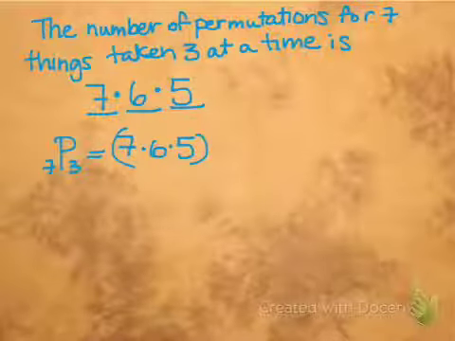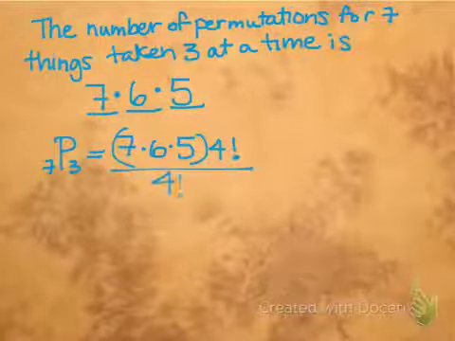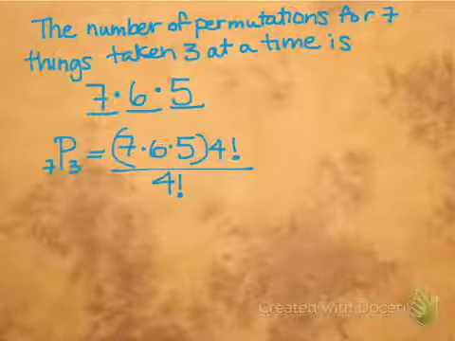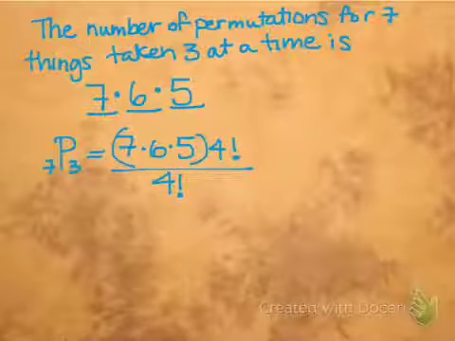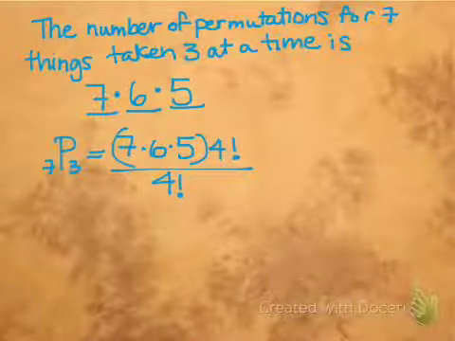I can multiply by anything as long as I also divide by that same thing. So if I multiply the top and the bottom by 4 factorial, that's going to be the same thing as 7 times 6 times 5. I haven't really changed anything.